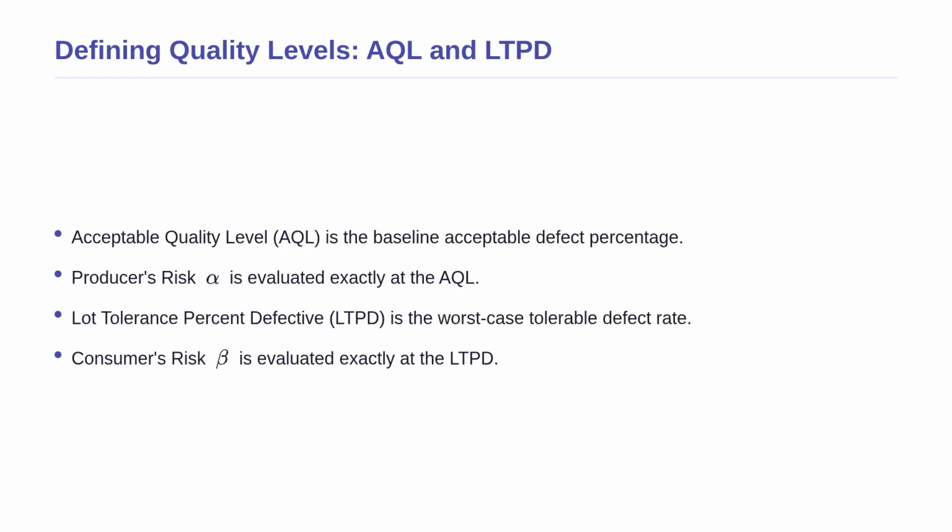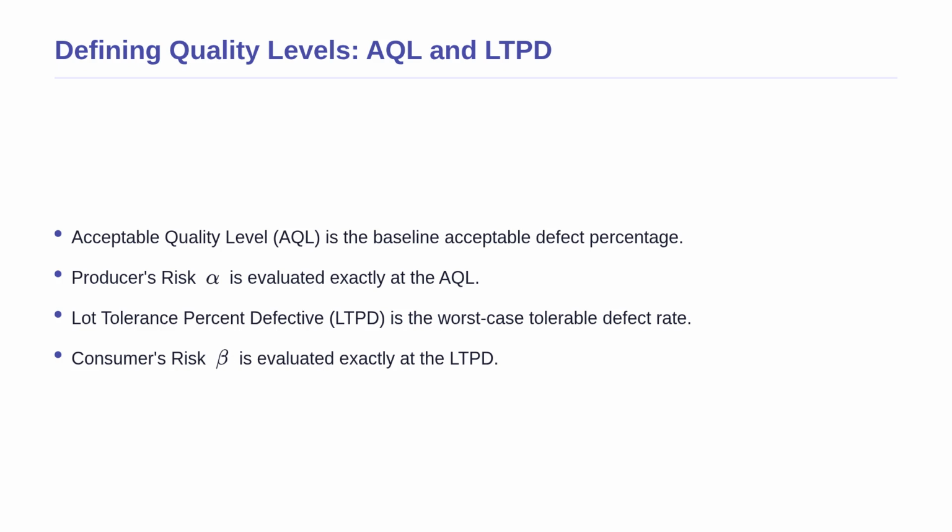To calculate these risks, we must define what makes a lot good or bad. This brings us to AQL and LTPD. The acceptable quality level, or AQL, is the baseline percentage of defects that the consumer considers completely acceptable. The producer's risk is evaluated exactly at this AQL.